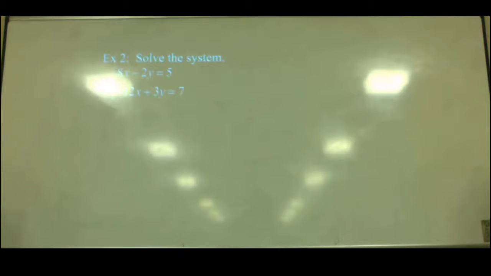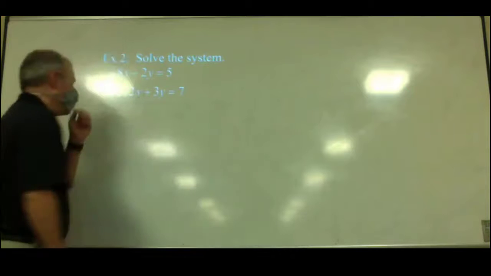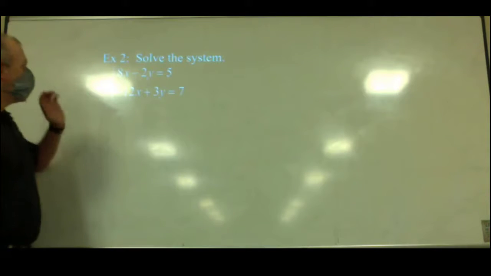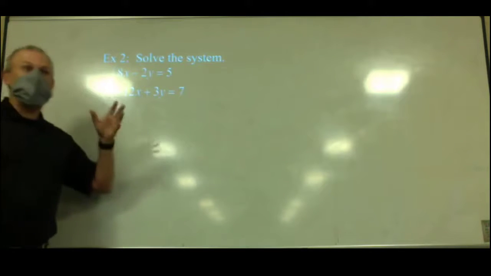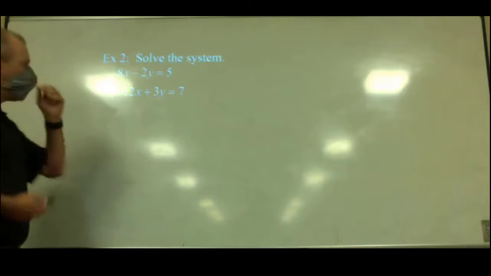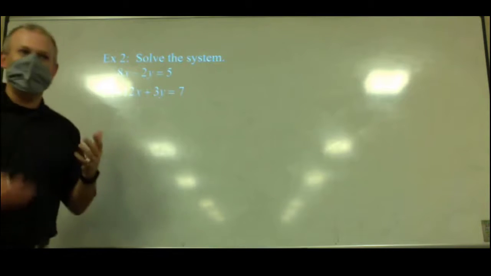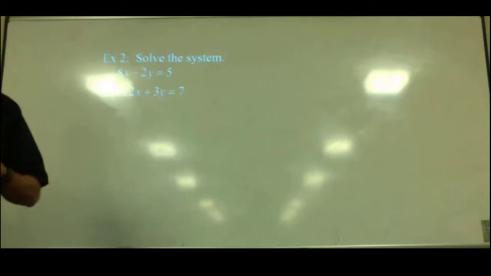And you haven't done this for a while, if you've done it before at all. But here's the idea. A lot of times I will pick the smaller ones because smaller numbers are usually easier to work with. And I'll look at this 2y and this 3y, and I'll say, oh, using multiplication, what can I make both of those into?